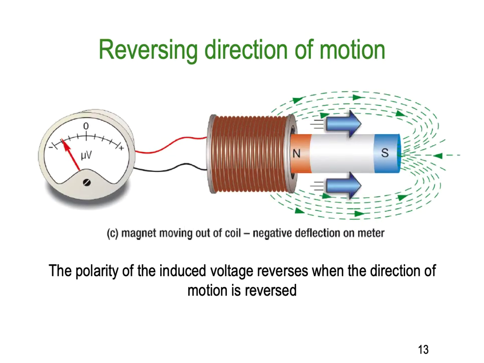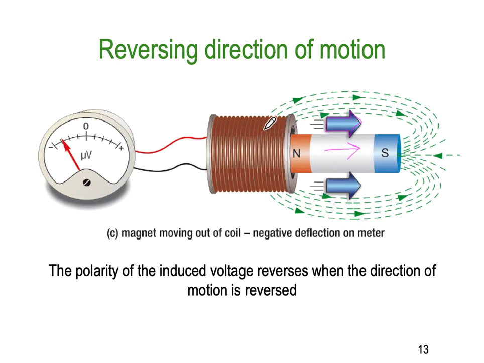And of course, now if I was to extract that same magnet out as it moved out, and again you can see we've got relative movement, but now in the opposite direction, so our blue arrows are now going the opposite way, and we're now moving left to right in this direction.